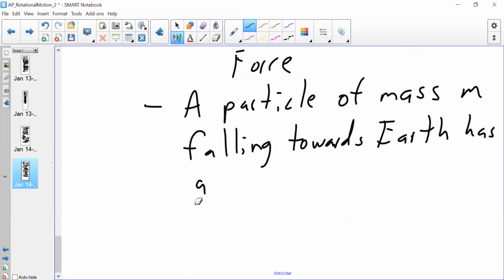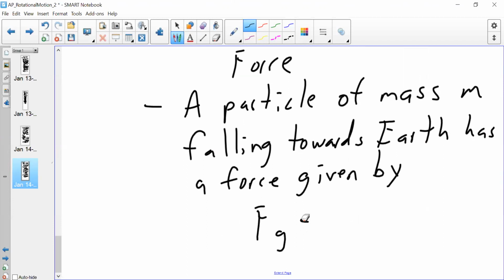Feels, or experiences, a force. We can say mg, but it's universal, so we might as well use the universal equation because we can apply this anywhere.